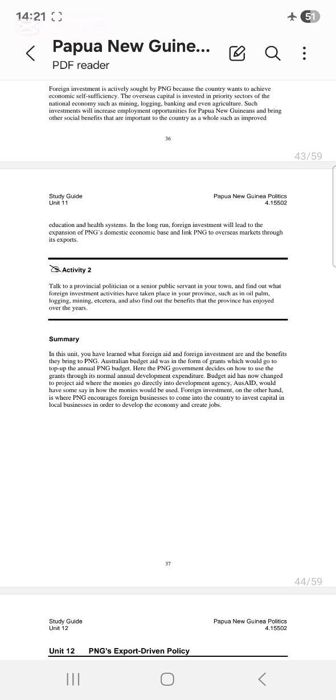So it is best to have more foreign investment than depending on foreign aid, especially those tied aid grants. All right?